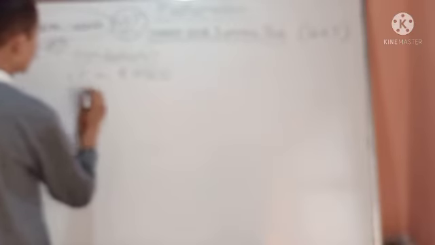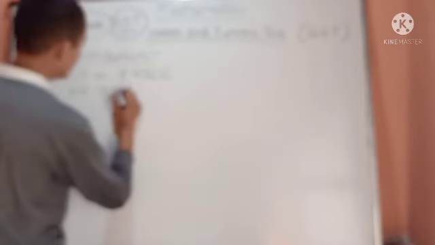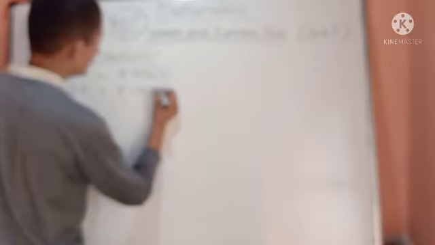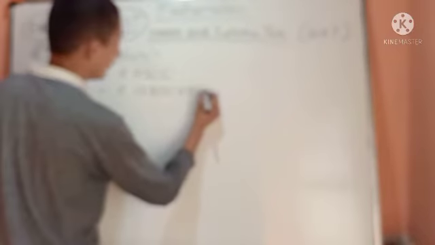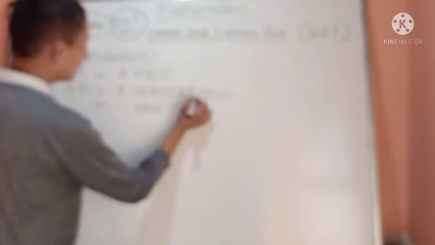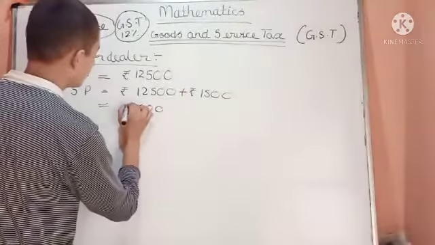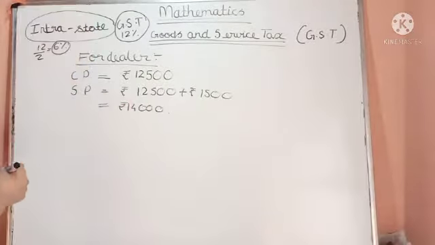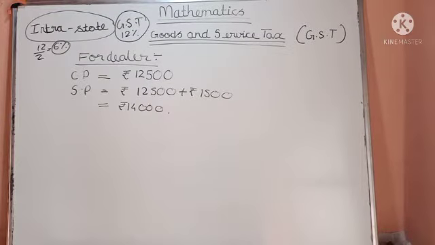And in the question, he sells to the consumer at a profit of rupees 1500, so the SP for the dealer will be rupees 14000.